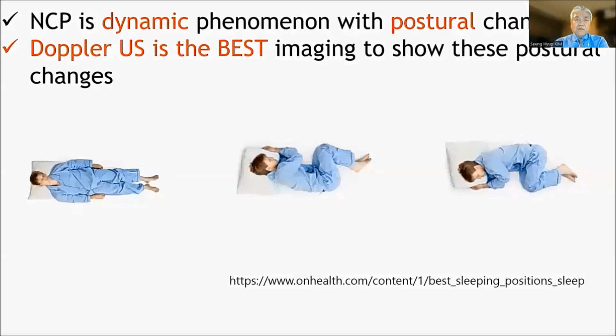We may check variation of Doppler findings with different postures, supine and left and right lateral decubitus, and may have an idea whether changing sleeping posture may work or not to improve the patient's symptoms.